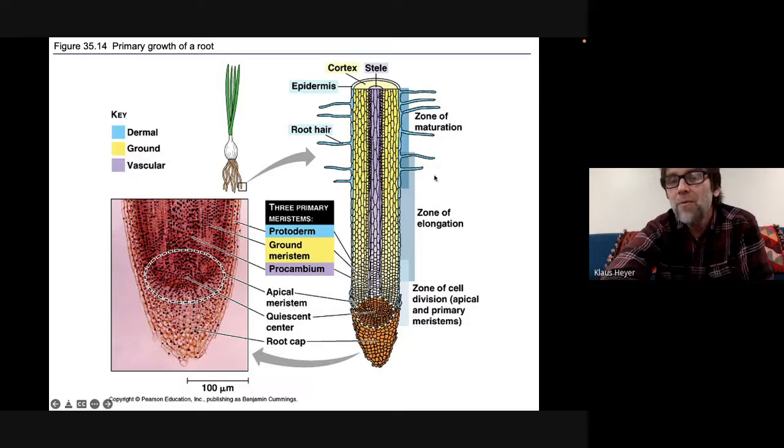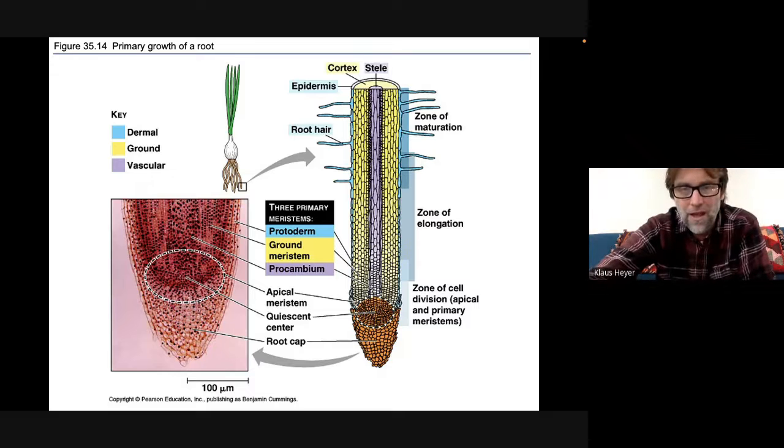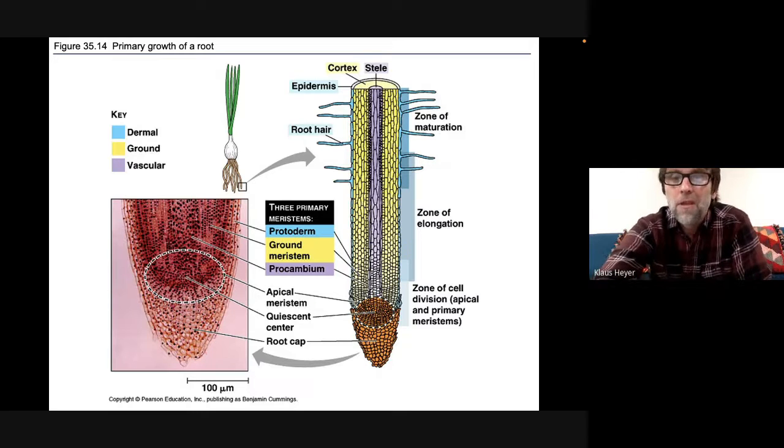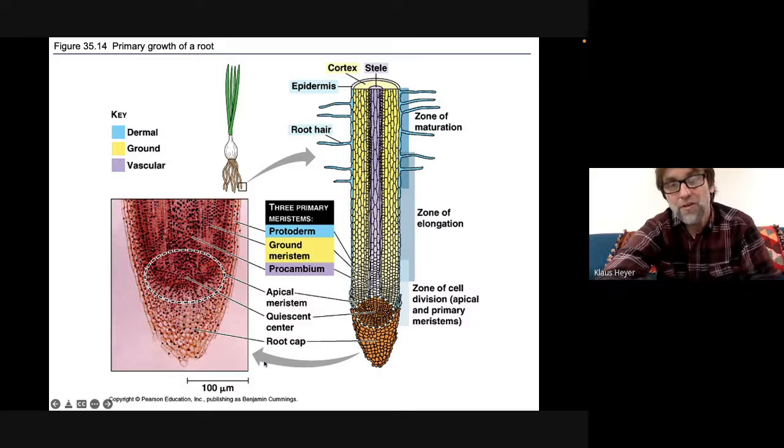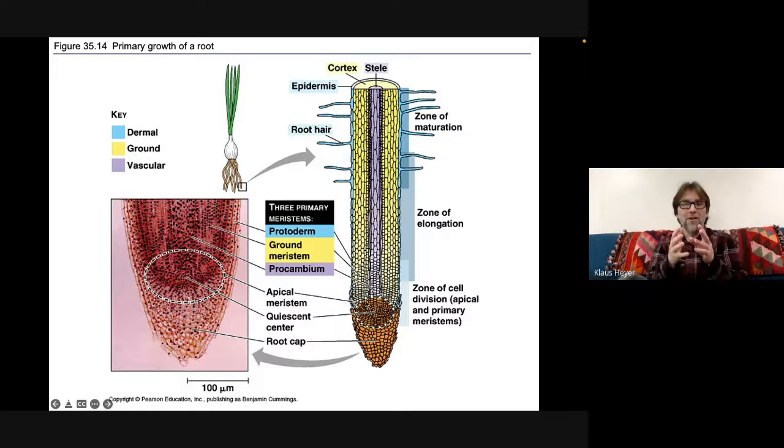When we were looking at mitosis in a root tip in lab the other day, what I should have done was point you to a particular area, because roots, for example, don't just grow everywhere at the same time.